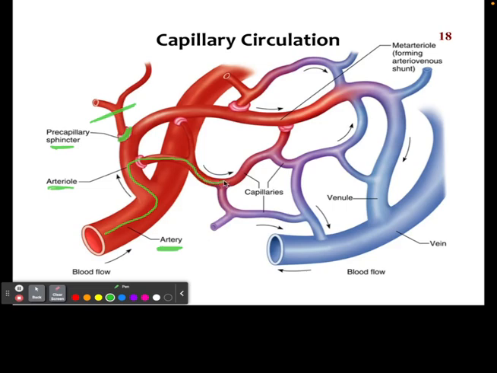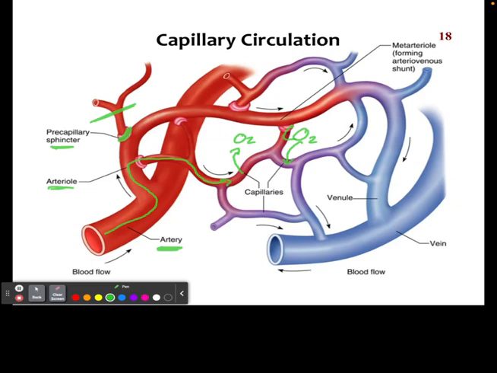Eventually, we're going to get to this little section here where, like in this picture, you can see it's starting to turn purple. These are the capillaries. Capillaries are extremely small, and their job is to ensure that oxygen can leave the arteriole into the cells, and also that CO2 can enter.